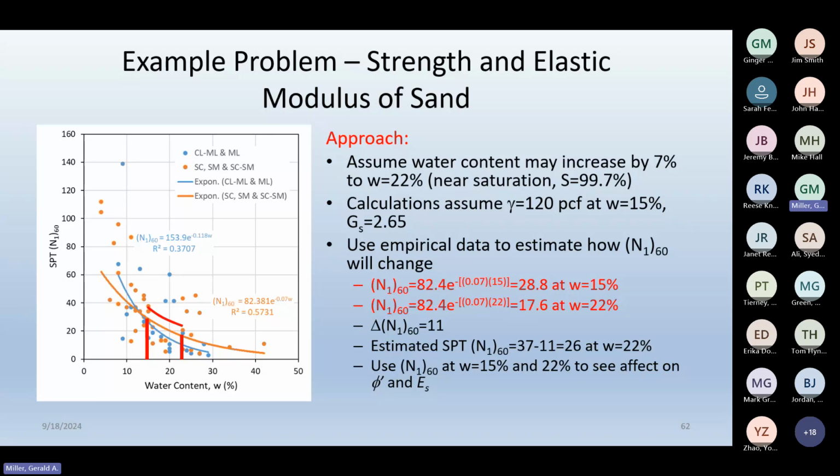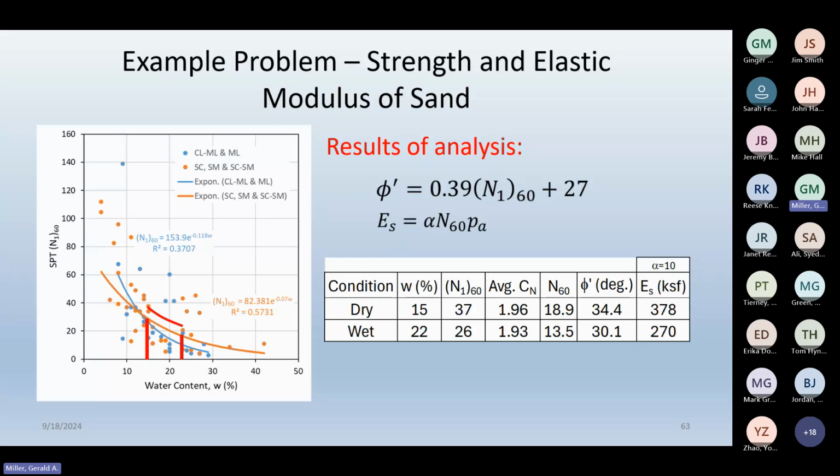Okay, so now I have my new N160, and now I can estimate how that impacts my modulus of elasticity and my friction angle. And so there's a summary of those results.